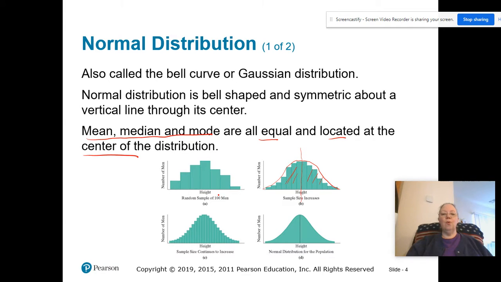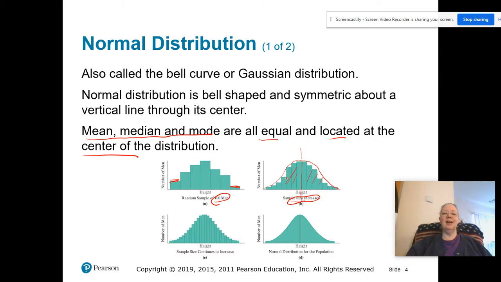They have different pictures, and basically what they're doing is increasing the sample size. So this is a sample of 100 men, and notice it's kind of bell-shaped, but this side is not the same as this side. Notice this one is here and this one is up here. Increasing the sample size is the same experiment, the same survey, but with a larger sample.